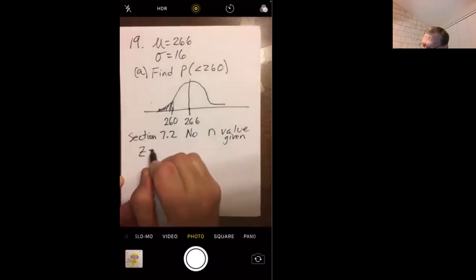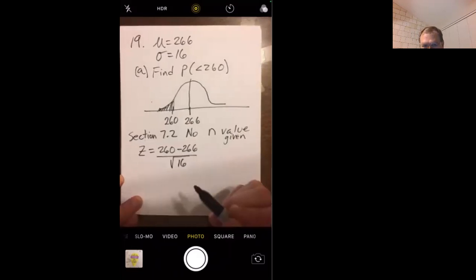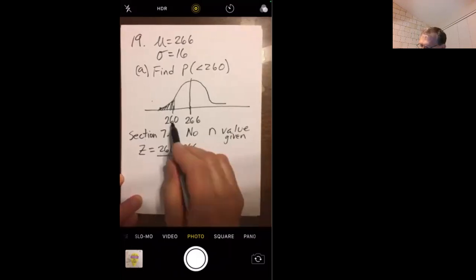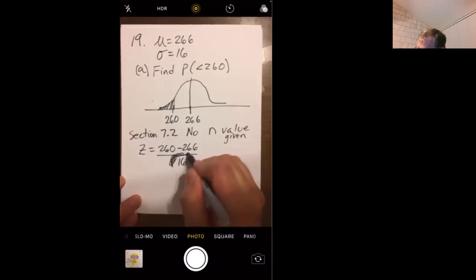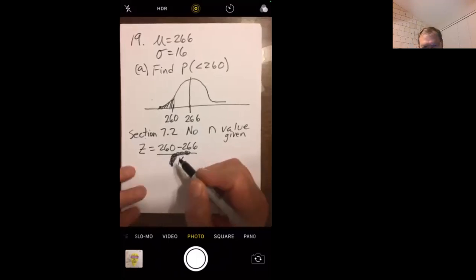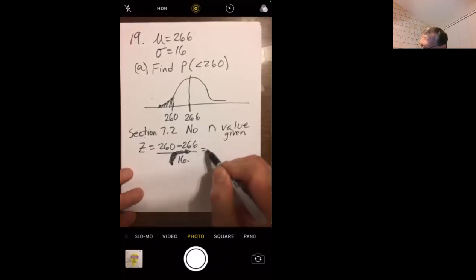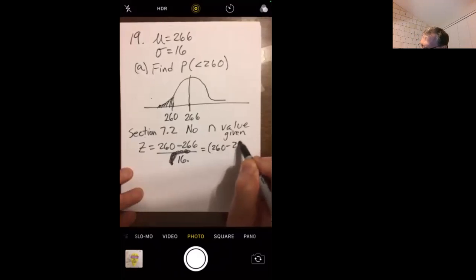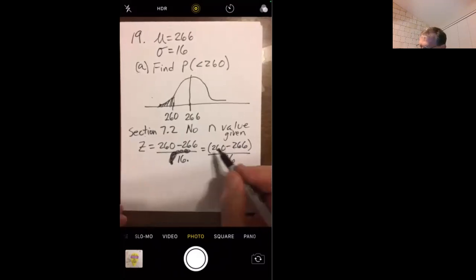So this works exactly like section 7.2. Your z value is going to be 260 minus 266 divided by the square root of 16. Oh, sorry, my fault, getting this confused late. X minus your mean, divided by the standard deviation. I'll rewrite it: 260 minus 266 divided by straight 16. It's your z-score formula, X minus mean divided by standard deviation.